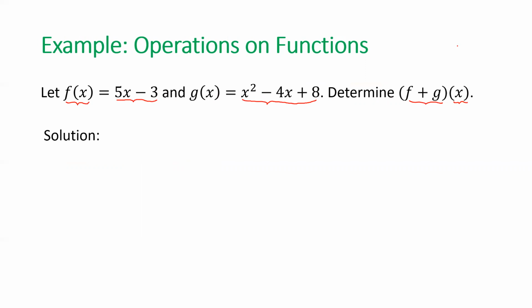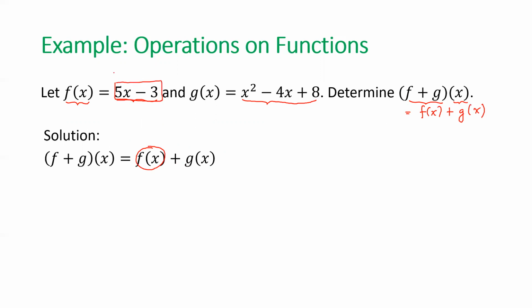By definition, f plus g of x is equal to the sum of f of x and g of x, which means that we have the following formula. And then we will replace f of x here by 5x minus 3, and g of x will be replaced by x squared minus 4x plus 8. So in other words, we will just add these two functions.